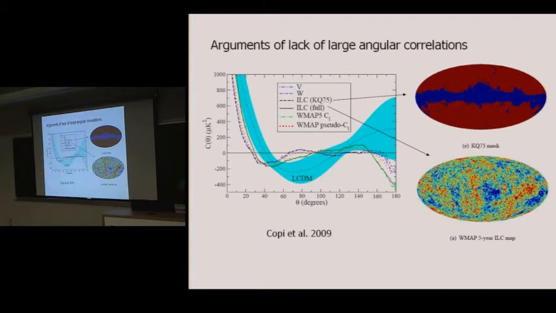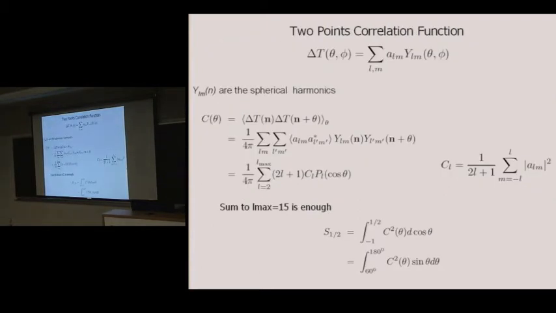The argument of lack of large angular correlation comes from here, Copi et al. 2009. This is the angular correlation function, C of theta, as a function of theta. They used a WMAP full-sky ILC map, and measured the angular correlation function by a simple two-point average, taking the angle theta from these equations.